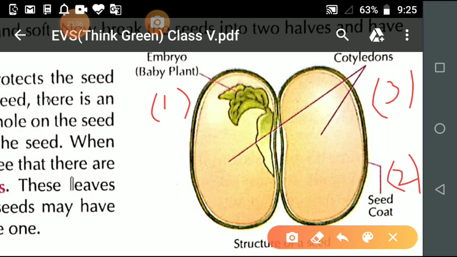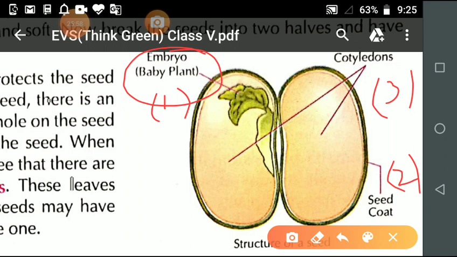Is it clear? Now student, in the beginning I told you, when we study seeds, they have three parts: embryo, cotyledons and seed coat. Now one by one let us understand. First I explain to you embryo. What is embryo? The part of a seed which develops into a new plant. Embryo is also known as baby plant.